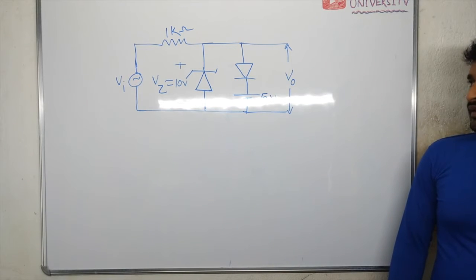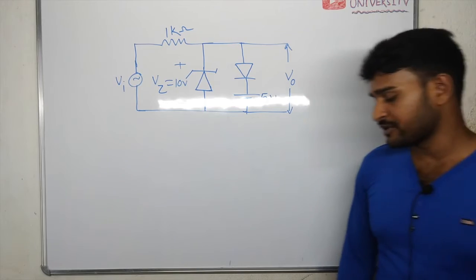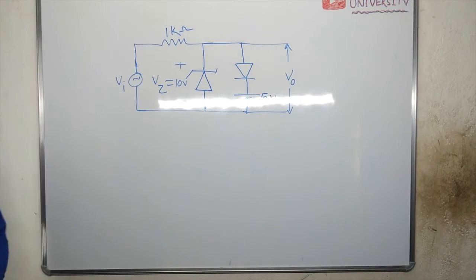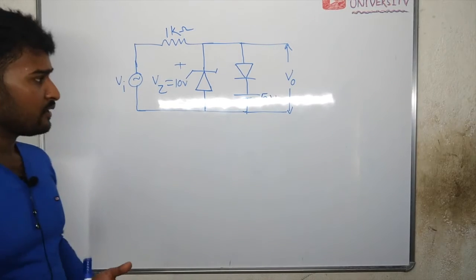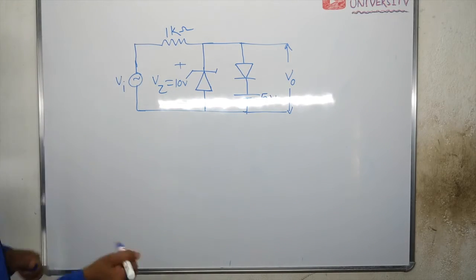The cut-in voltage of the diode is given to be 0.7 volt. Okay, I solved this question while solving clipper circuits. Let's solve it one more time.